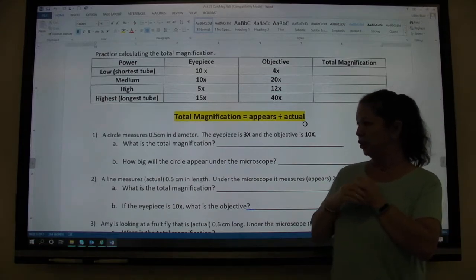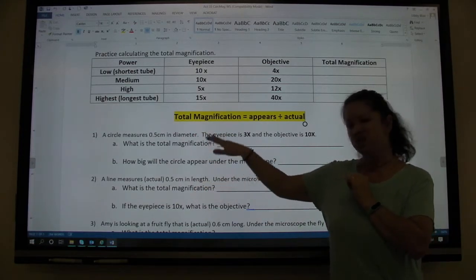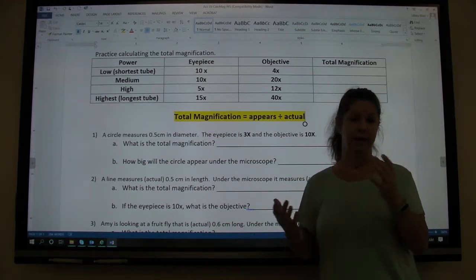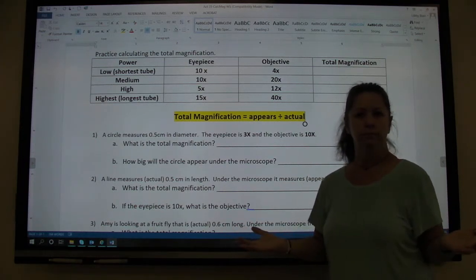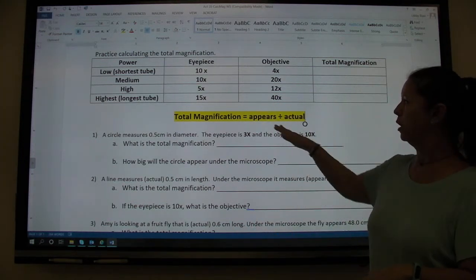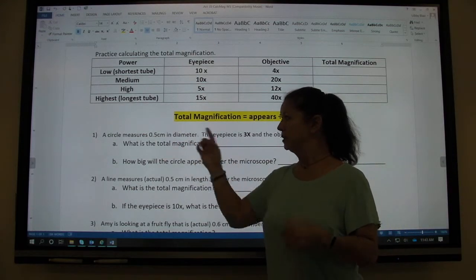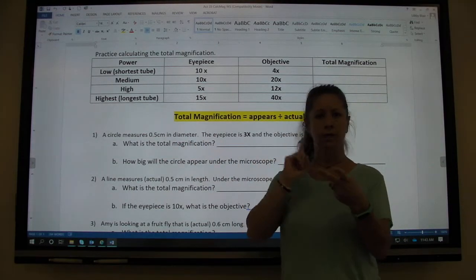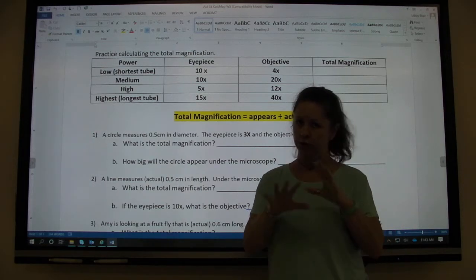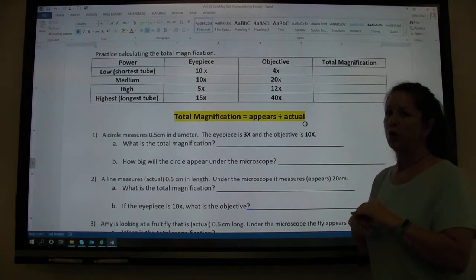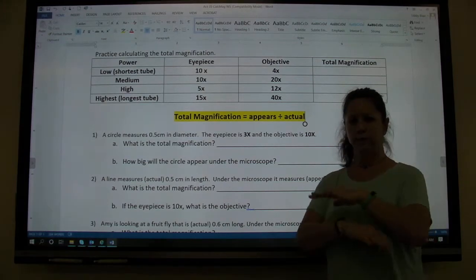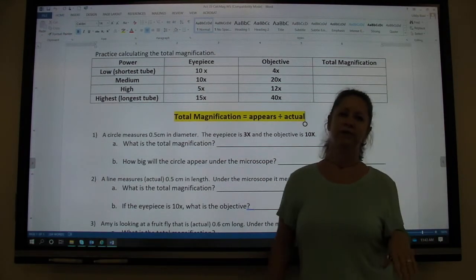All right? And so when you're solving a word problem, basically, for this formula, you have total magnification, appears, and actual. Those are your 3 parts of your formula. You always start, your first step, no matter what, is to find total magnification.